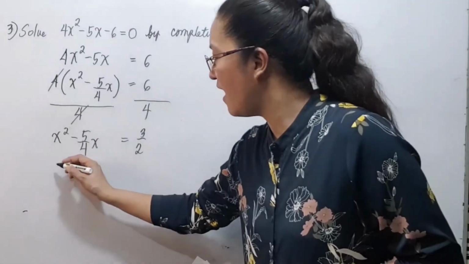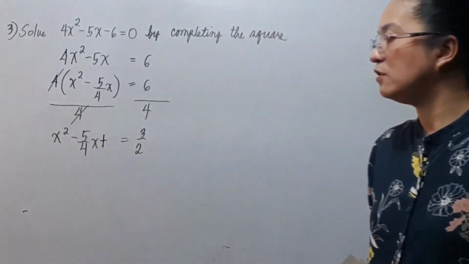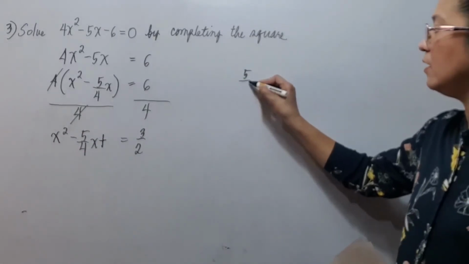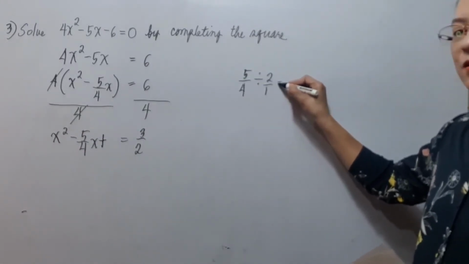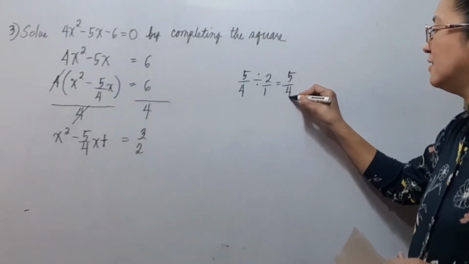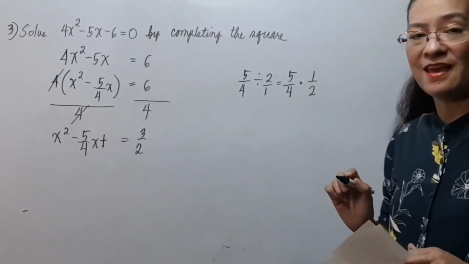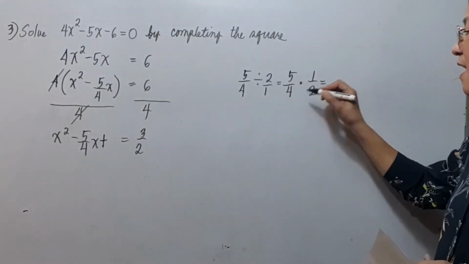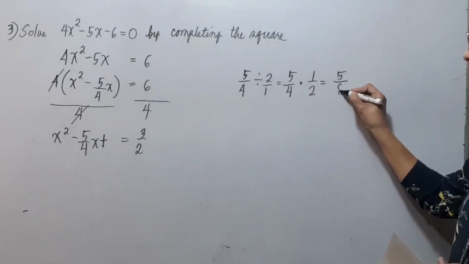Okay, so ano kaya ang i-add natin? The second term is 5 over 4. We divide it by 2 over 1. Or, we get the reciprocal of the divisor. So, 1/2. Then, we proceed to multiplication. So, we have 5 over 8.